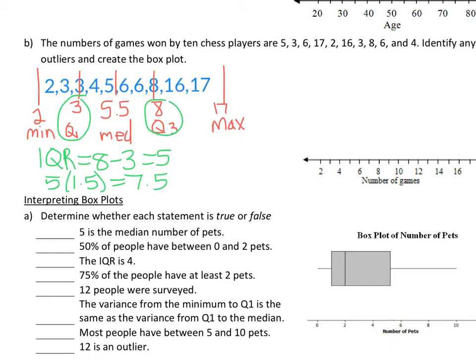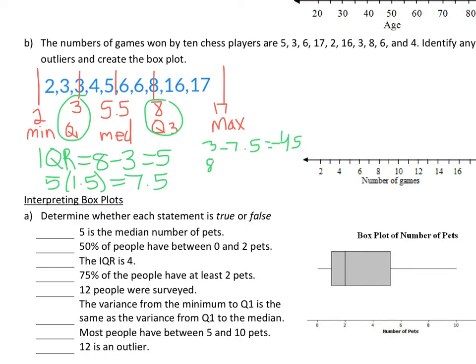Take this product, subtract it from quartile 1, so 3 minus 7.5 gives us negative 4.5. And then we need to take that number 7.5 and add it to the third quartile.